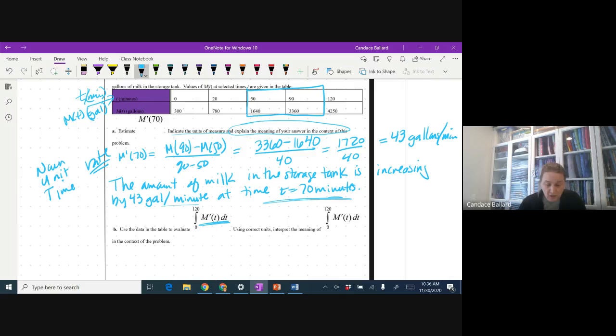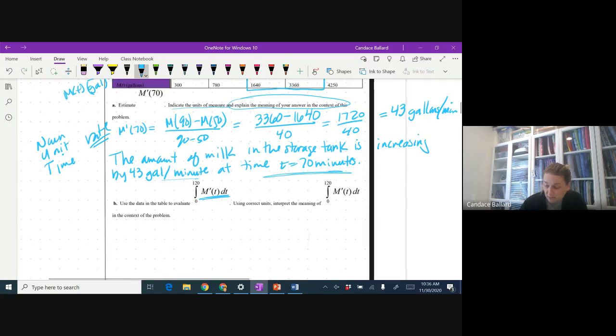And then in using correct units, we are supposed to interpret the meaning of the integral from 0 to 120 of m prime of t dt.